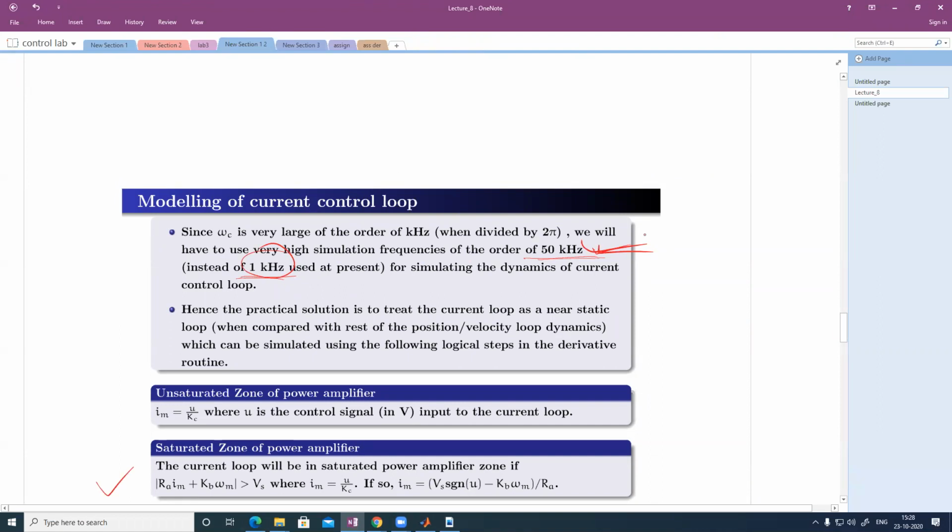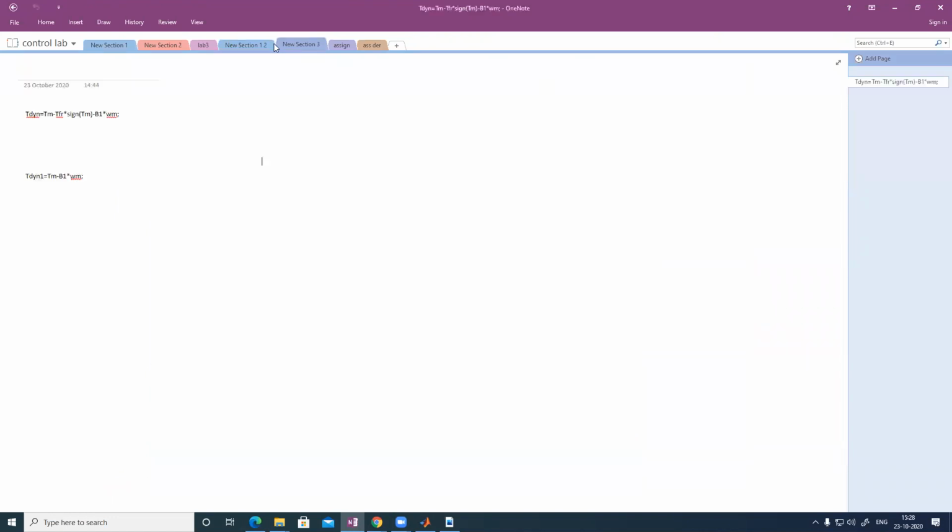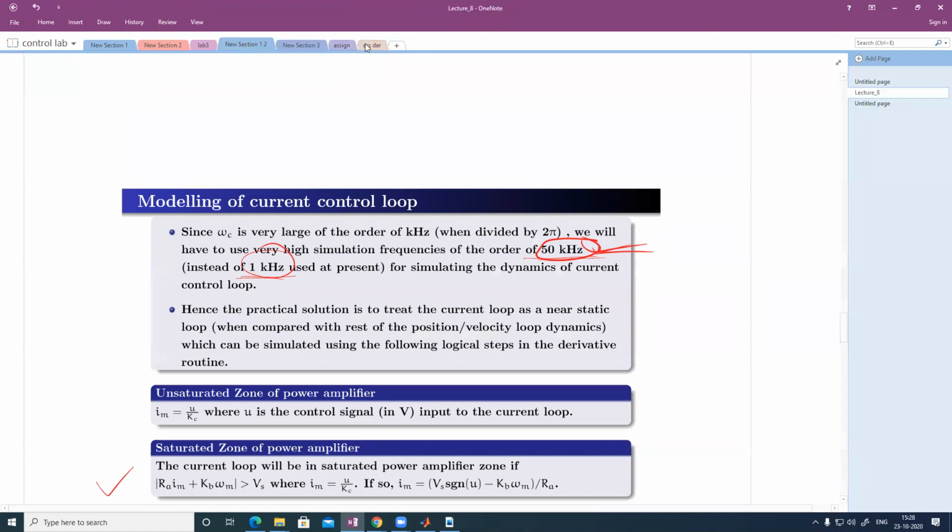How much time, sir? 1 second or 2 seconds, do we have to run the simulation? That one cycle is fine. One cycle is fine means milliseconds in that range only, right? It won't take much time.